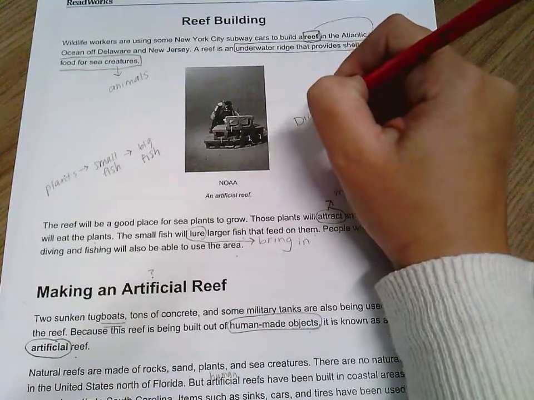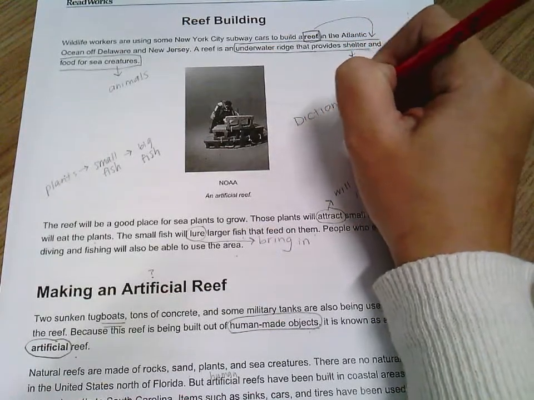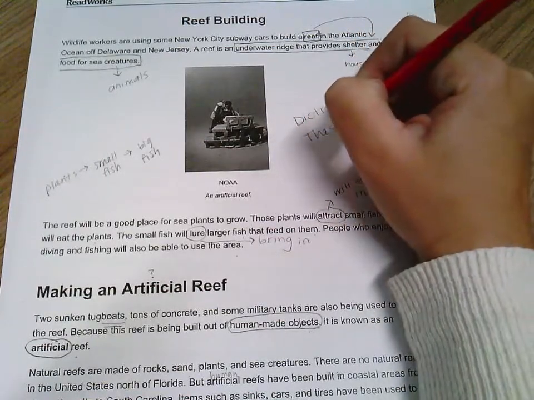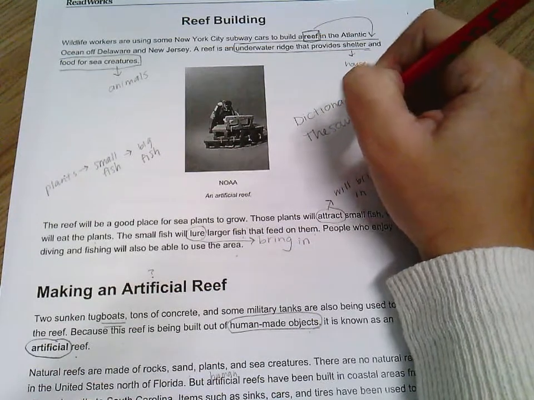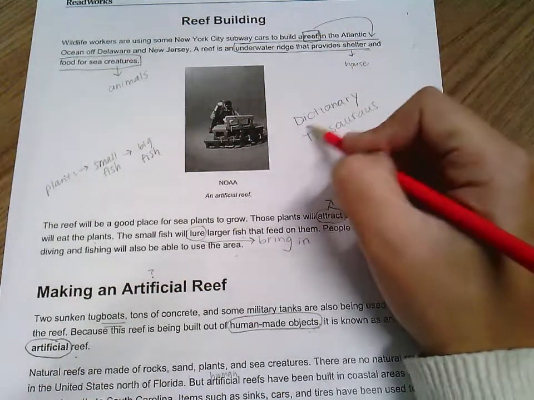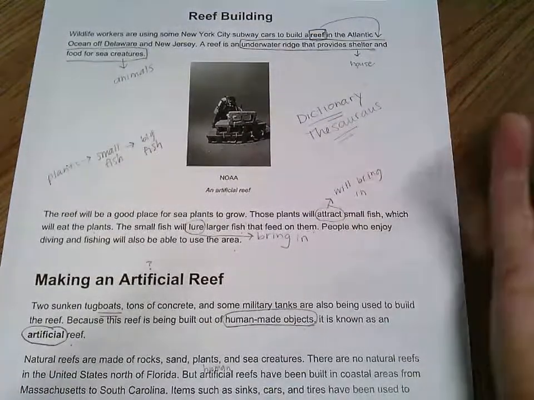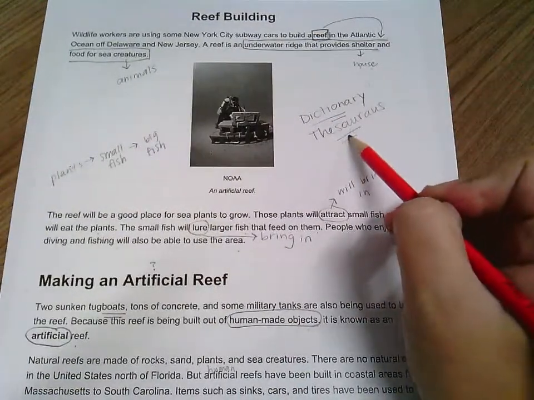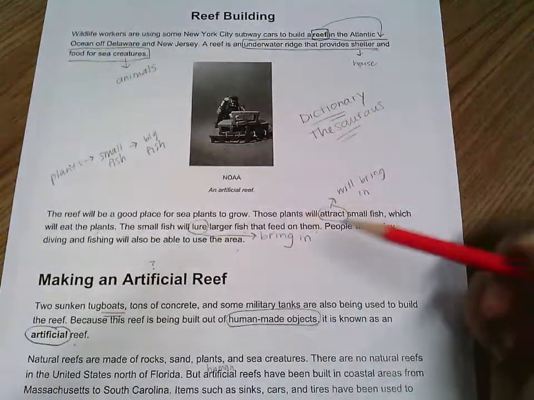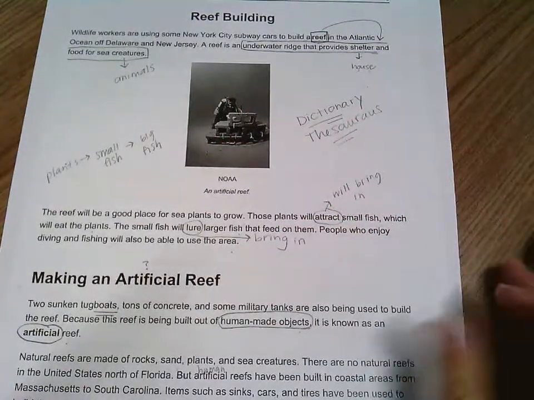And I like looking up words in the thesaurus a little bit better, just because dictionary definitions can be super confusing. Thesaurus, I can usually find a word or two that I know what those words mean, and so then I can sub it in for one of the words I'm looking up.